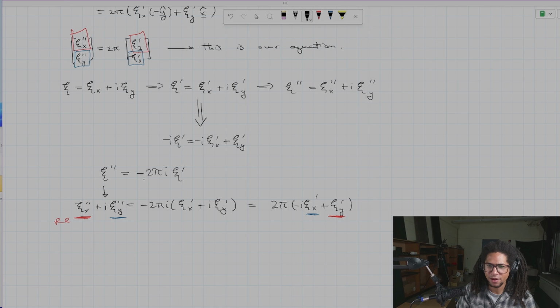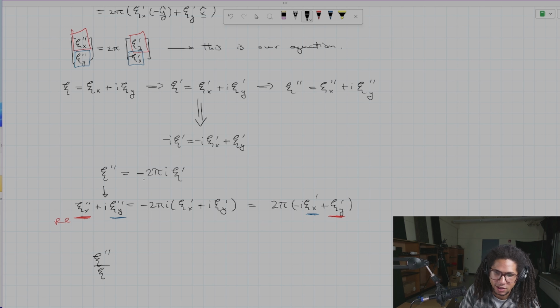And in fact, maybe it's even easier to just solve it as a first order ODE in xi prime. Yes, let's solve it as a first order linear diff EQ in xi prime.